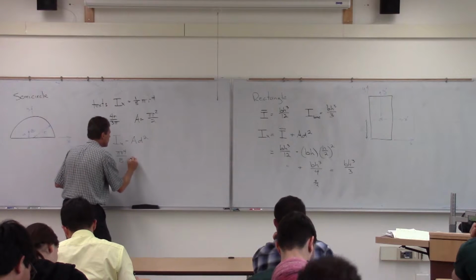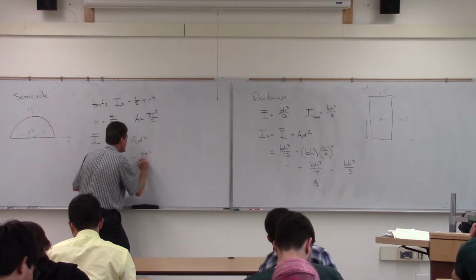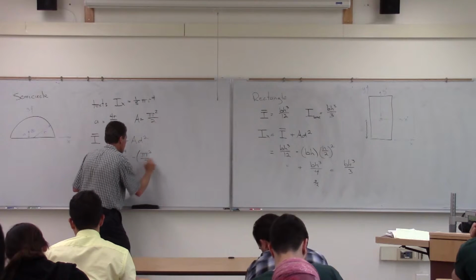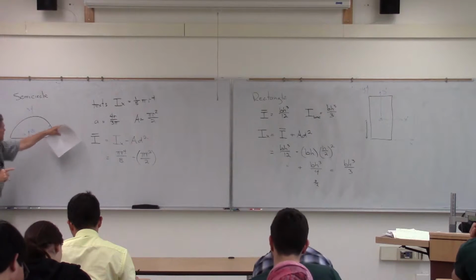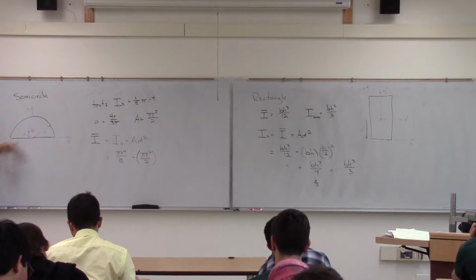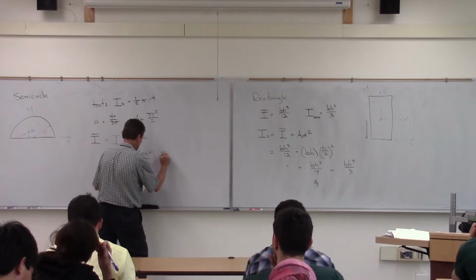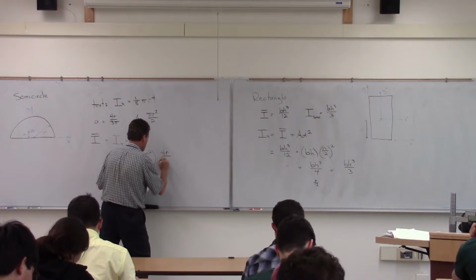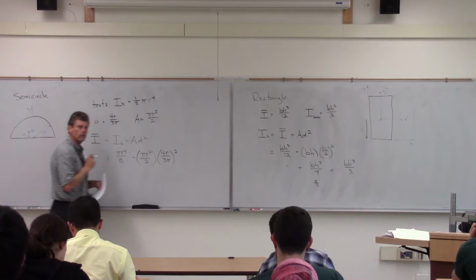And then we'll plug in the area. And then finally, this distance A from the x-axis there up to that centroidal area there, we need to plug that in. But then we also have to square it.